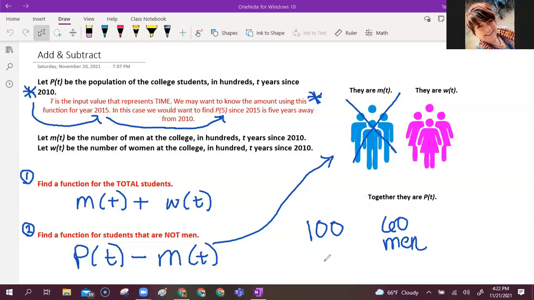You're going to take those two numbers, those two concepts, and I hope that what you're going to do is subtract them. And all that really means is the same thing as what I wrote over here. We just don't know how many it is. They didn't tell us 100. They didn't tell us 60. They just told us what the function stood for. So there's adding and subtracting of functions in the real world.